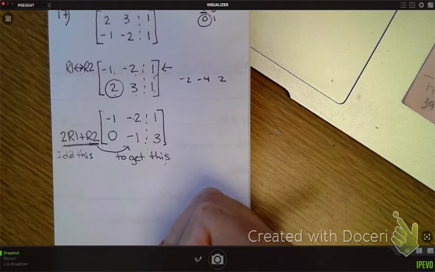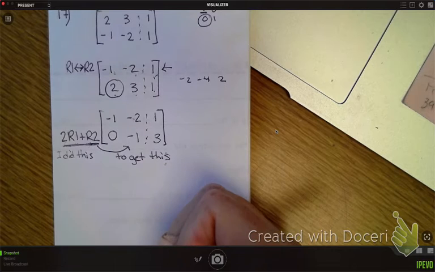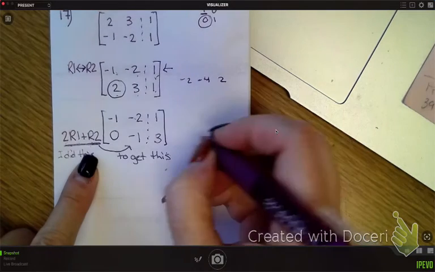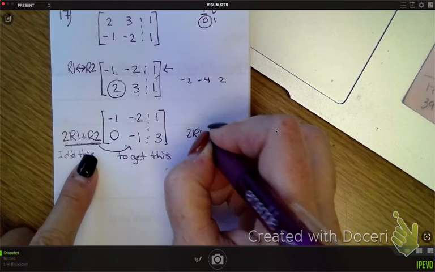Okay, I have how to ask this question. Okay, so say you had R1 plus 3R2. How would you do that? You would have to multiply both of them and combine them. You'd take 2 times, like if I had 2R1 plus 3R2.